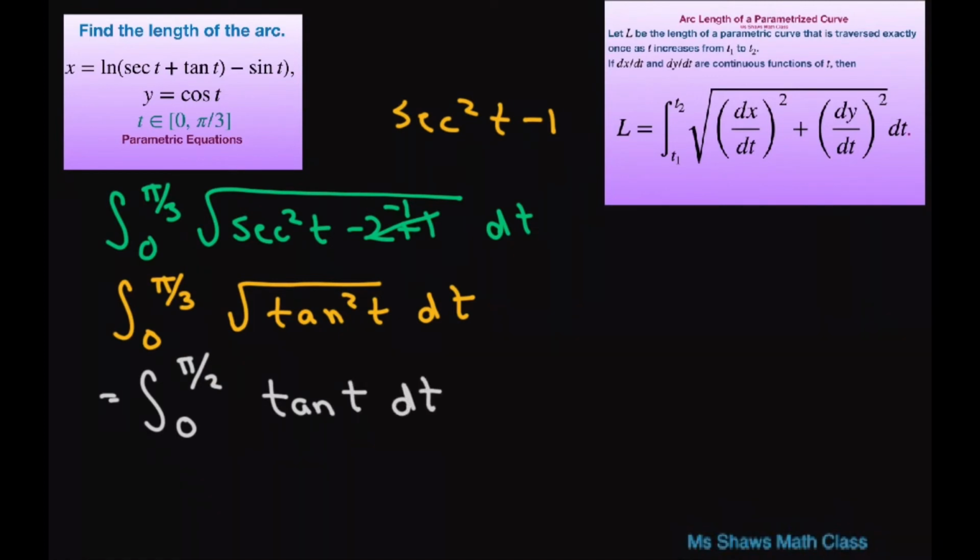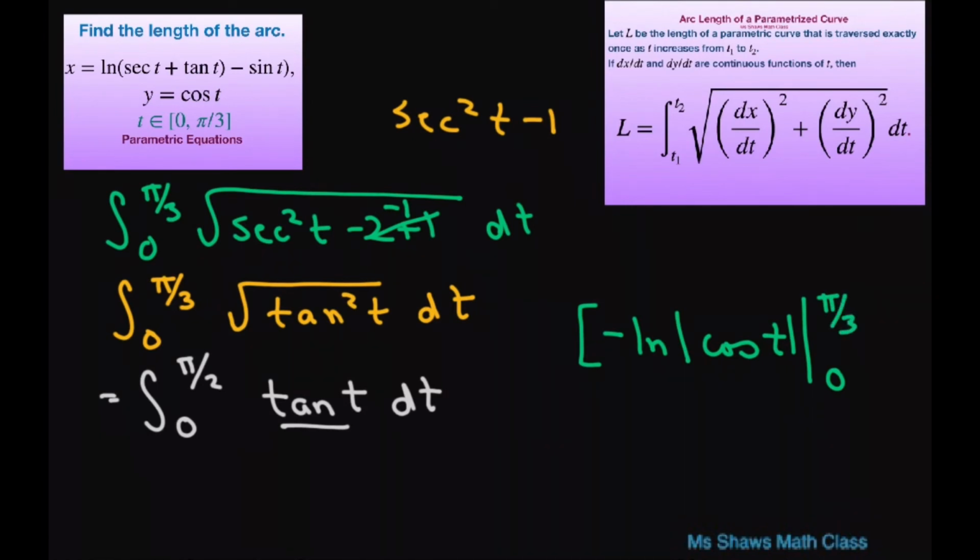All right, so evaluating this, the integral of tan of t is negative ln of absolute value of cosine of t. And then we're evaluating this from 0 to pi divided by 3.